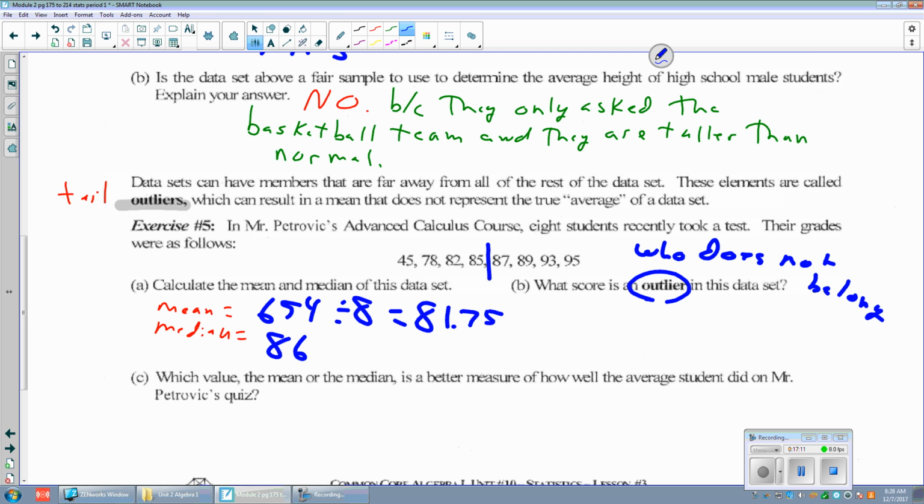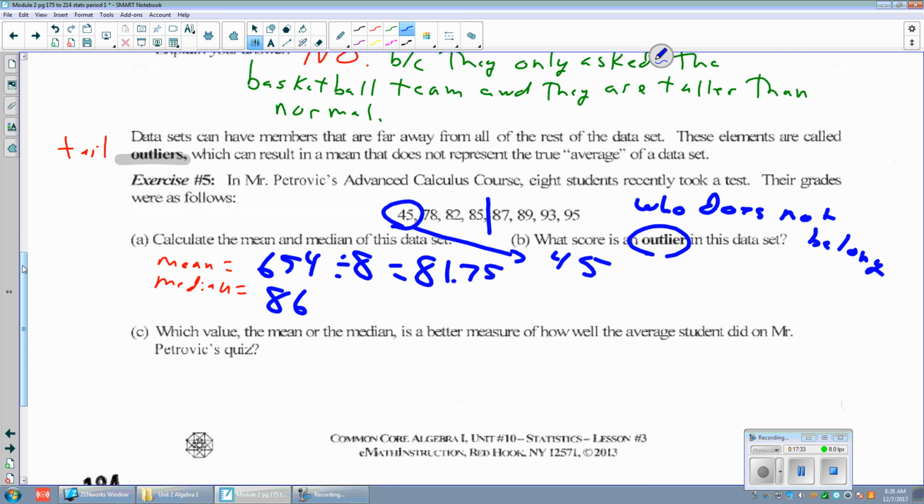We can see that number. Kevin, who doesn't belong? 45. Outliers don't always have to be to the right. They can be to the left. There's 33 away from 45 and 78, while all the others have a difference of less than 20. So that one is way out there.